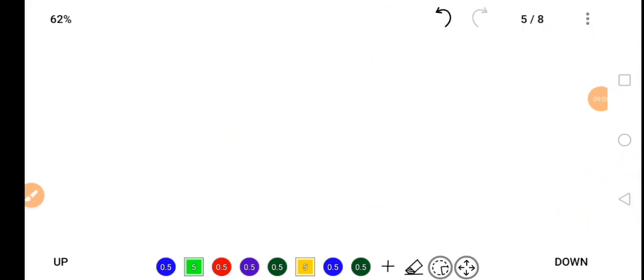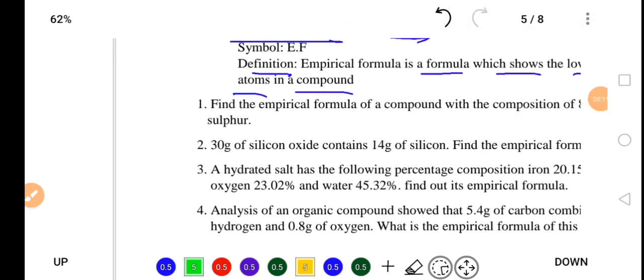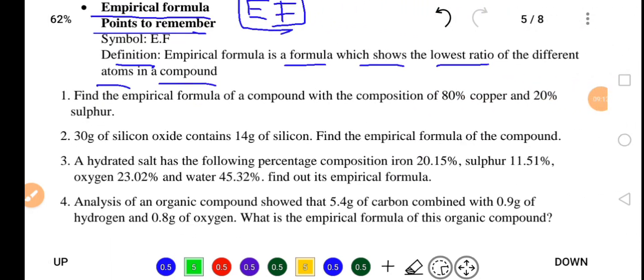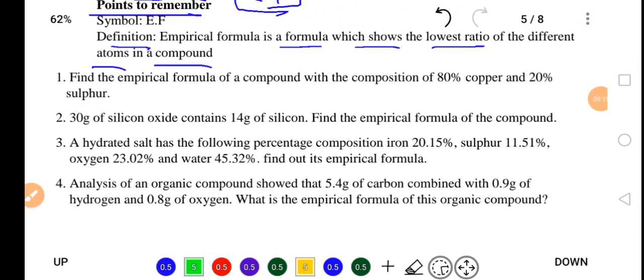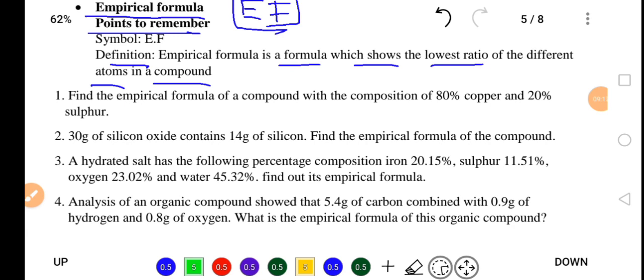Now, you will find that these compounds, they are not going to give you the actual formula of the compound. They are just going to give you the percentage abundance of the elements that are present in that compound.